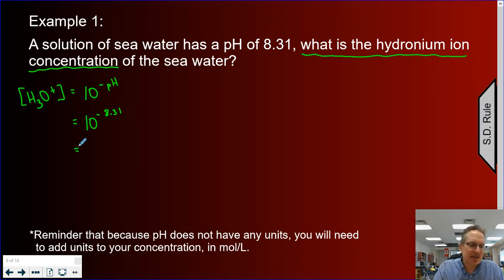So in my calculator, how I type this in is I like to go second function log, and that will automatically give me 10 to the raised, and it'll even open up my set of brackets. If you would like to go 10 and then do the little top hat, that is fine as well. So I'm going to type in negative 8.31 and make sure it's a negative.